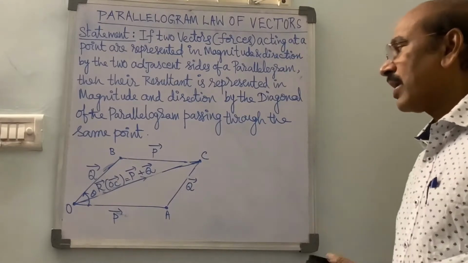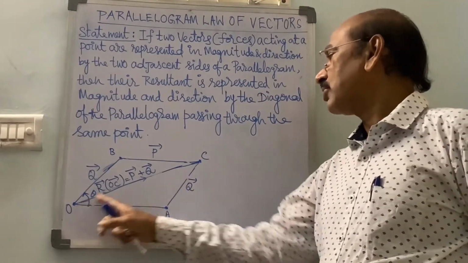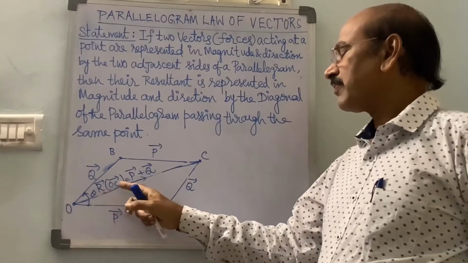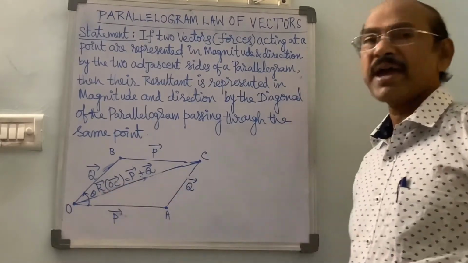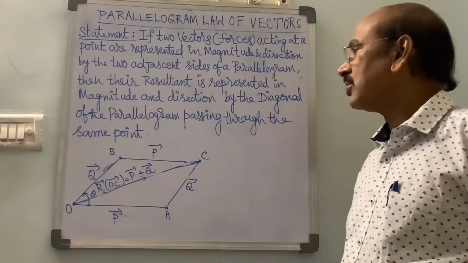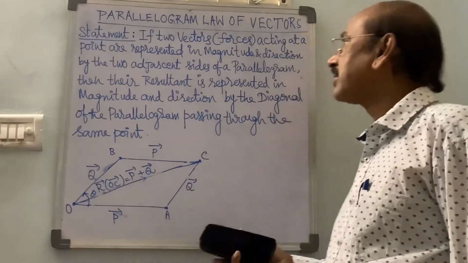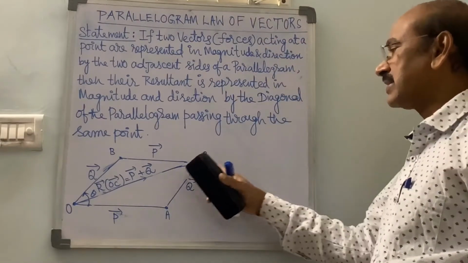Now, as this resultant vector OC bar or r bar is a vector, it possesses both magnitude and direction. Now we derive the expression for magnitude and direction of this resultant vector.